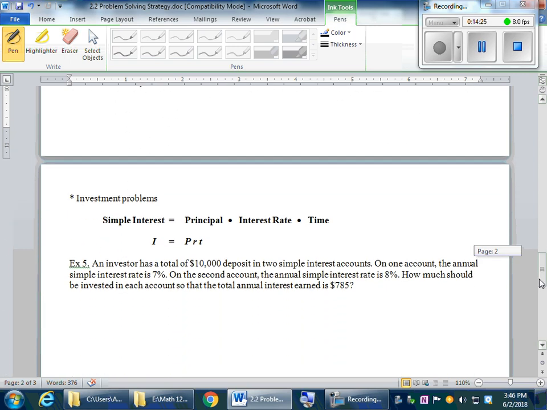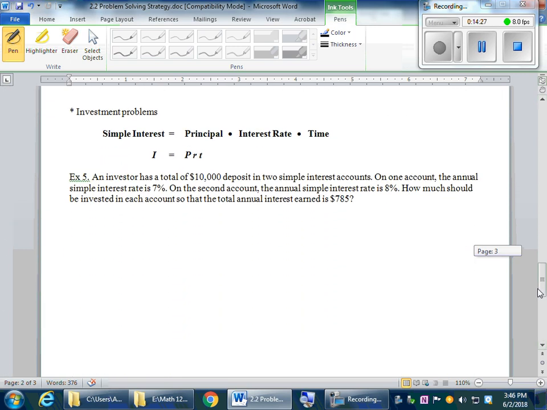The next topic is reviewing the investment problem. Simple interest problems have a formula, which is simple interest is equal to principal times interest rate times the time.